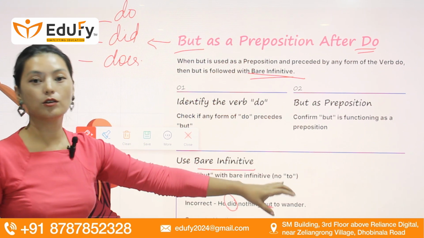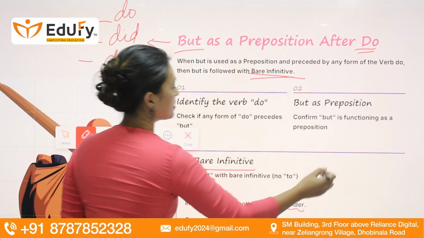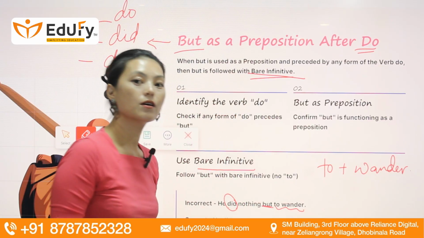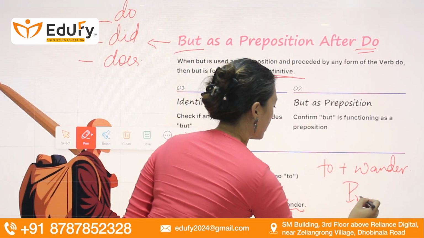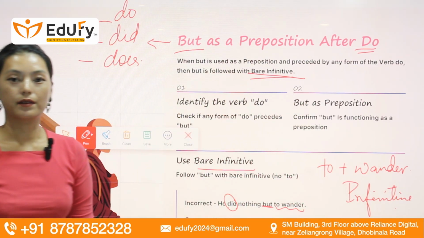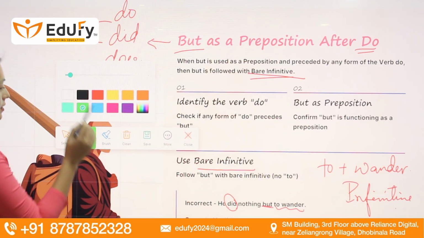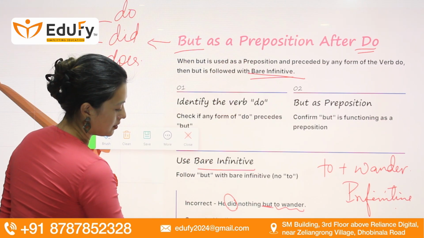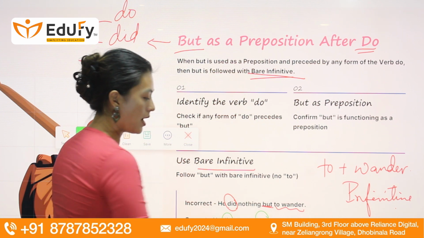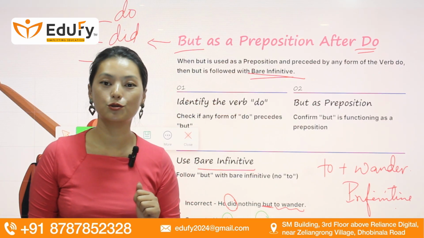So again, let's take a look at the verb used here. "To wonder." So this means "to" plus wonder, which is what? Is it bare or infinitive? It is an infinitive. That's the problem here, right? So we will have to change it. How will we change it? By writing it in the correct form. "He did" has been written here plus the preposition but, and then we have the bare infinitive without the word "to" in the sentence.